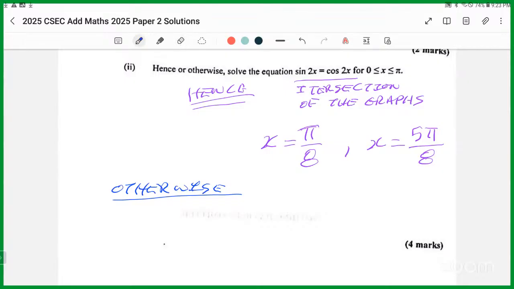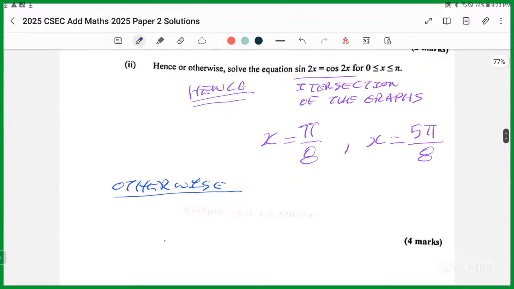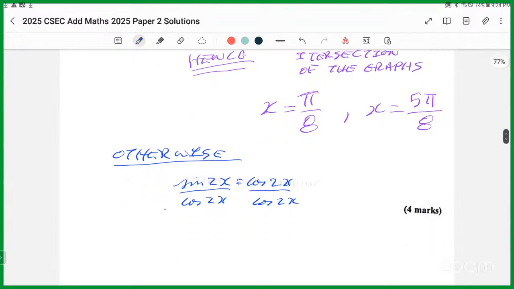If I'm solving sine 2x equals cos 2x, I divide both sides by cos 2x, so I get tan of 2x equals 1. From this we can draw the quadrant diagram where tan is positive, here and there.